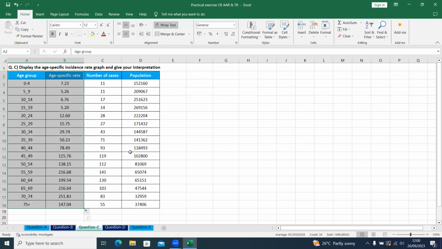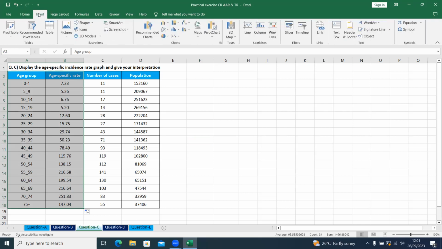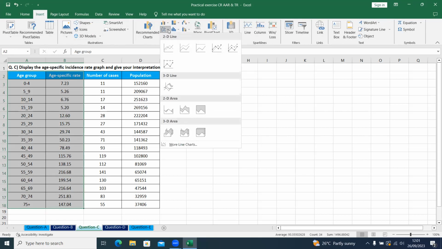Now we will plot the graph. How to plot a graph for age specific rate? First, select the age group and age specific rate. Please select these two columns. Then click on the Insert tab. Now in the Insert tab, we have various types of graphs. We will select the line graph.